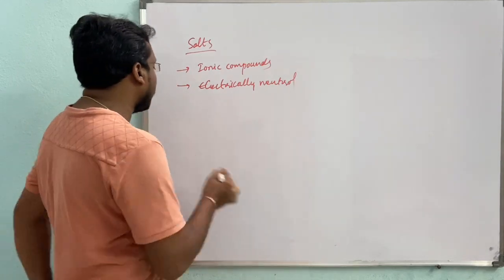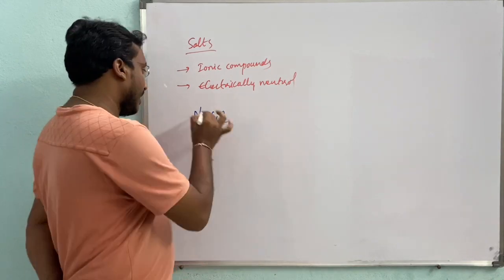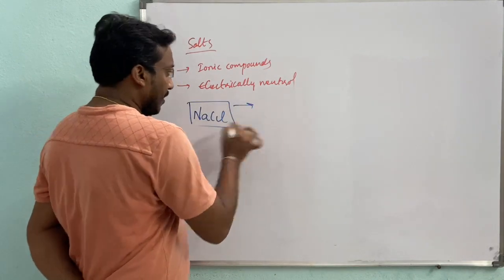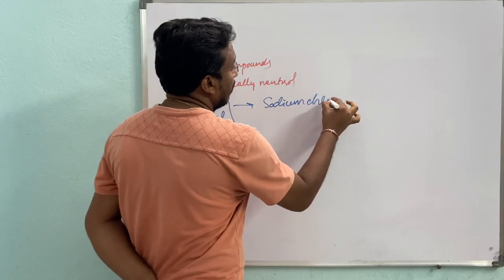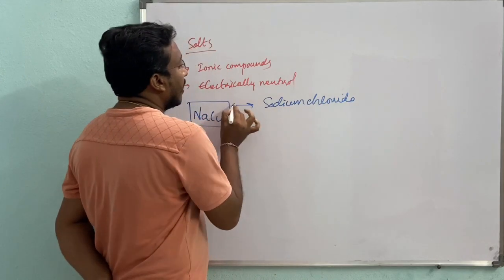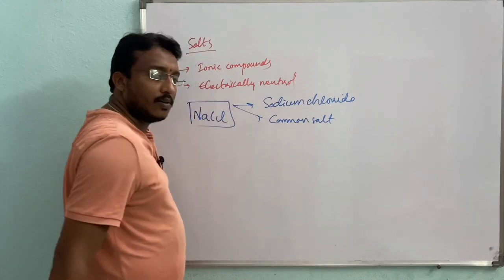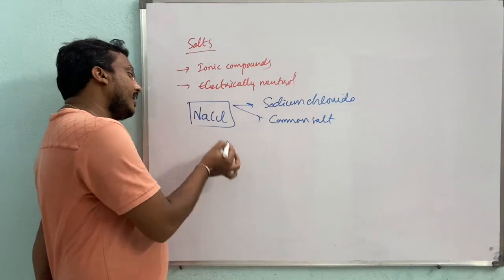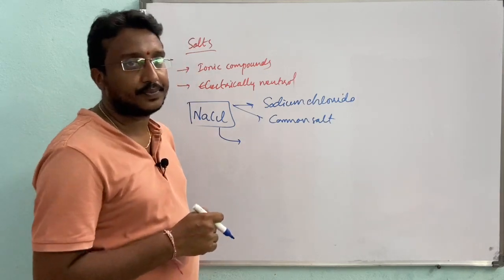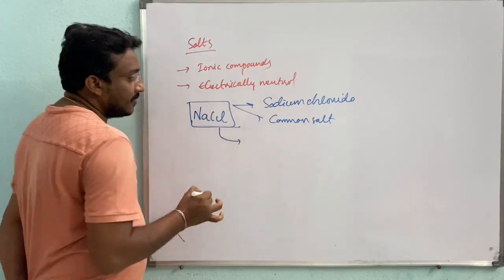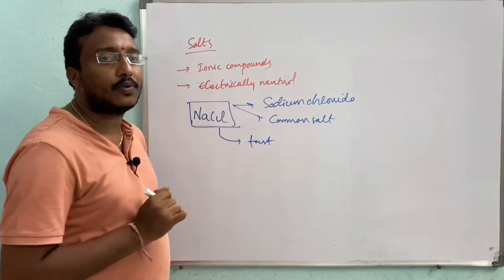most common salt is NaCl. What is that? NaCl. Its chemical name is sodium chloride, and commonly we call it common salt, right? And it is used in our day-to-day life in cooking. It gives taste to food.